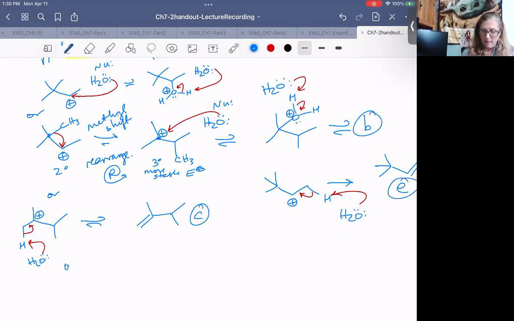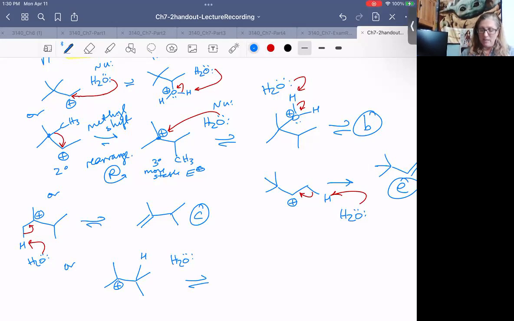And another option is to go to the more substituted position. That, of course, would be the better deprotonation to take place because that would give us a more stable alkene. So that is always our goal, and that actually will be the major product in terms of the alkenes.